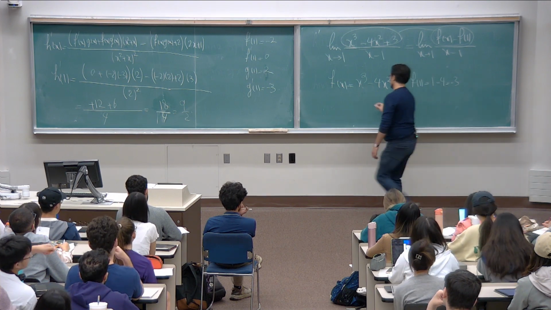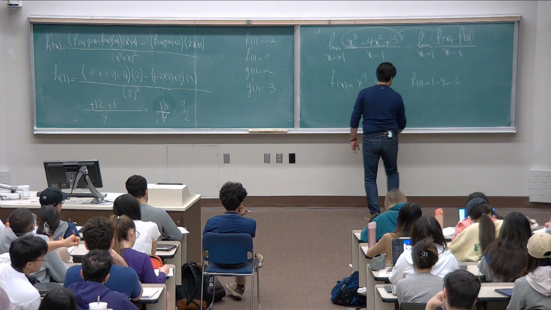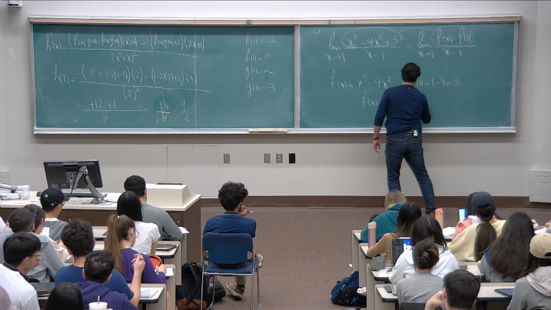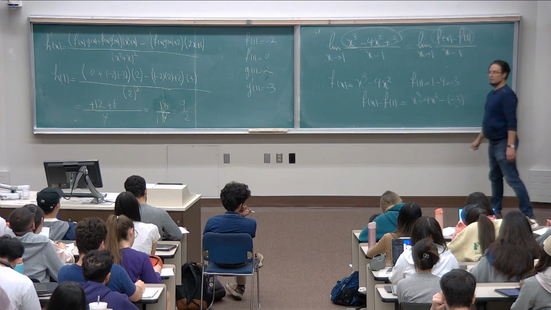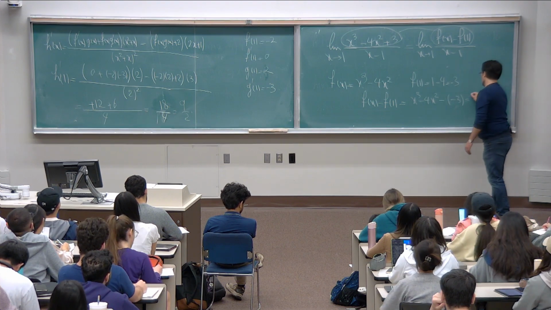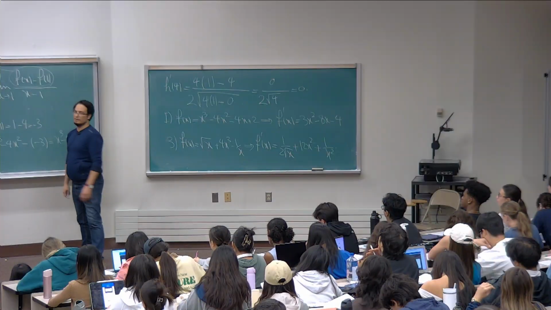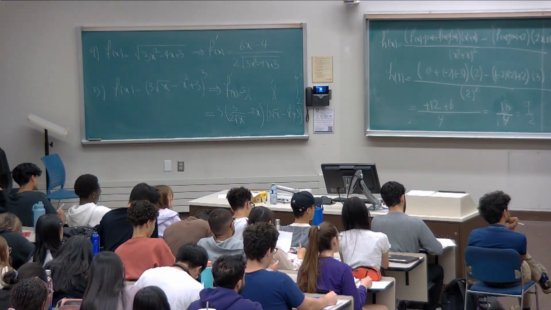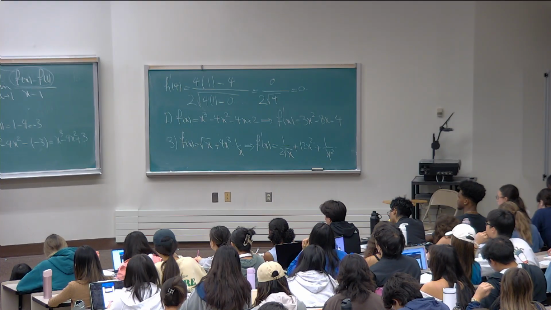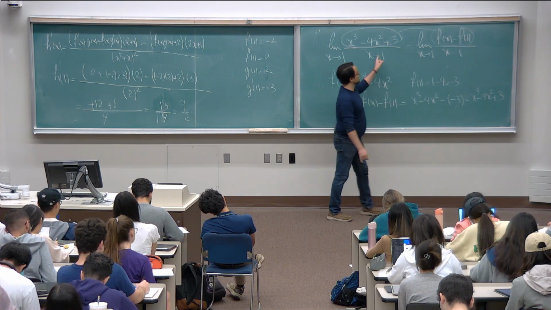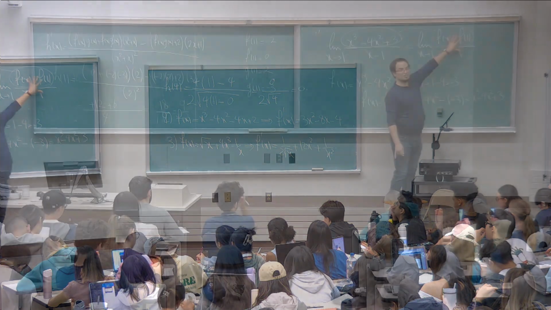So that means that f at x minus f at 1 is x cubed minus 4x squared minus negative 3, which is what we have there: x cubed minus 4x squared plus 3. So we found the function, which is this one. We found the point. So this limit is of this form.